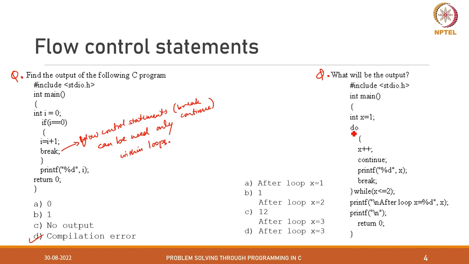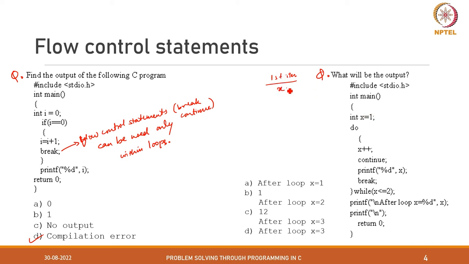Okay, so continue, basically what does it do? The continue statement skips any statements after it and goes to the next iteration. So what happens in the first iteration? Let's break it down into iterations. The value of x increases. So x plus plus basically means that before going to the next statement, it will increment the value of x by 1.